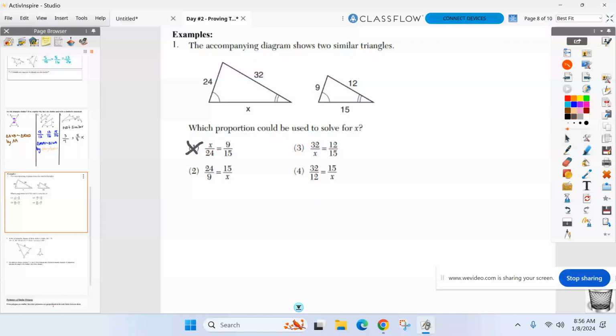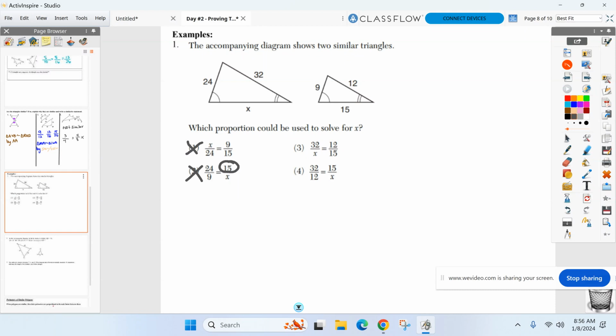See how they started with 24? What's across from it? 15. That side doesn't belong to that triangle, right? If they go 24 over 9, they should have started this one right here with a side from the same triangle as 24, and they did not. So the X and the 15 should be flipped there. So that one's incorrect.